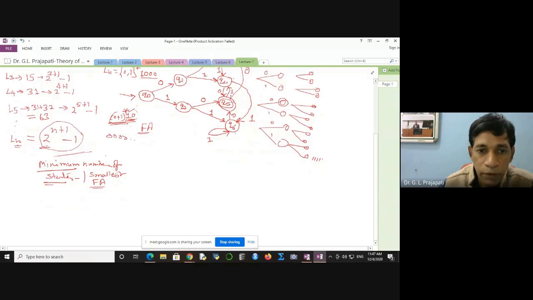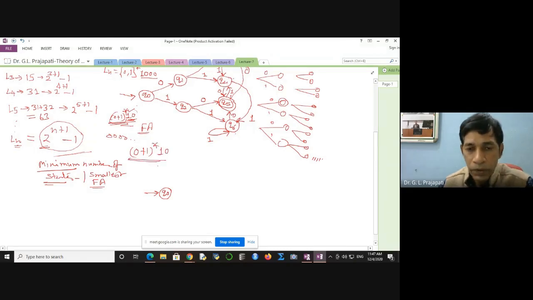So see, if you want to remember the last two symbols as 10, you can go like this. You have the initial state Q0, right? Now, the language we have is (0+1)* 10.